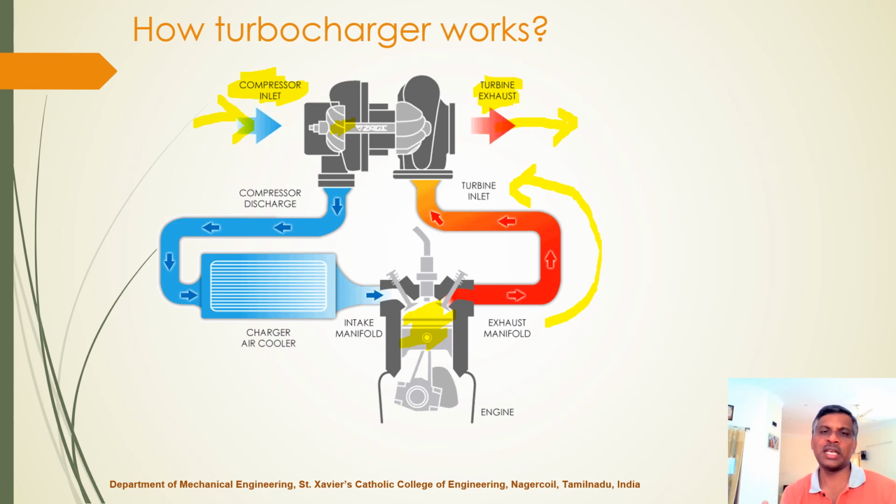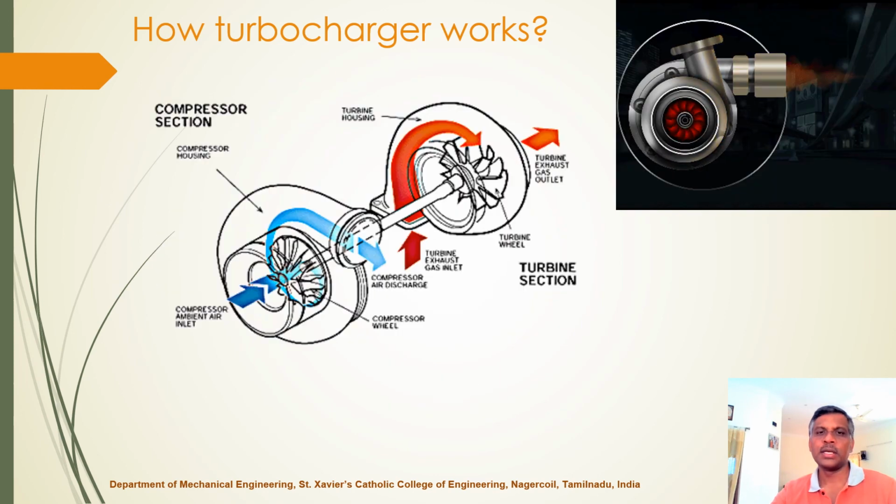The exhaust waste gases run the turbine, and the power of the turbine goes to the compressor, and it takes the fresh air and supplies it at a high pressure to the cylinder. This schematic also represents the same thing. You have a turbine section, where the red is exhaust gas, and you have a compressor section. So a turbocharger has both sections.